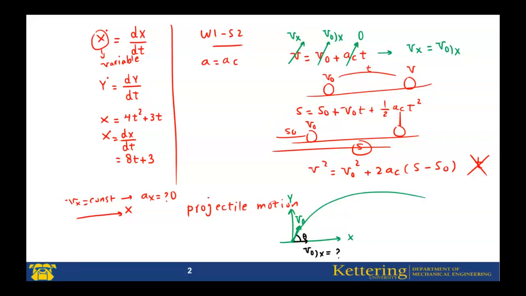Yes, it's V initial cosine theta. And V0 also has a component along the y direction.